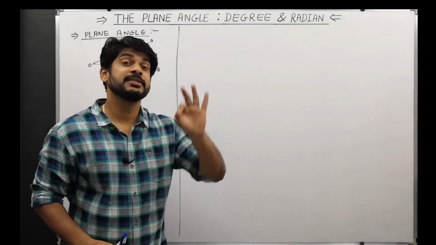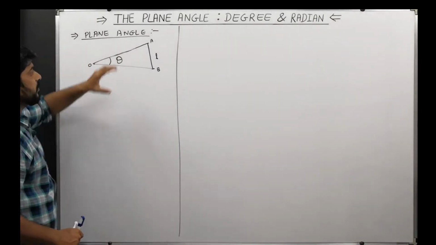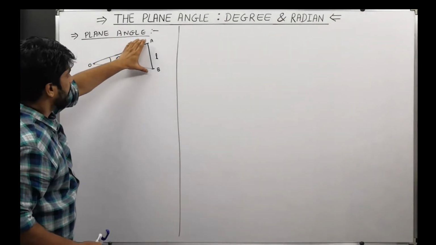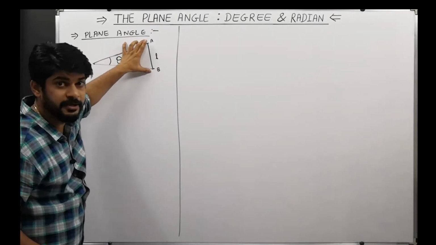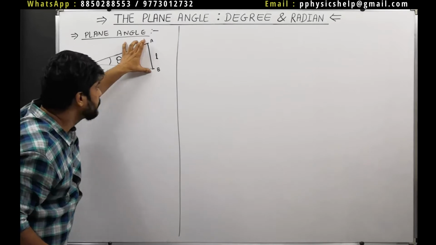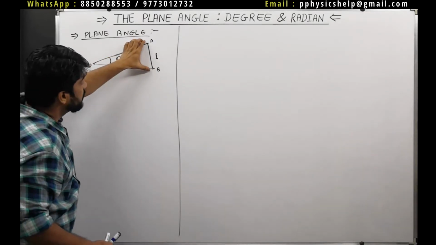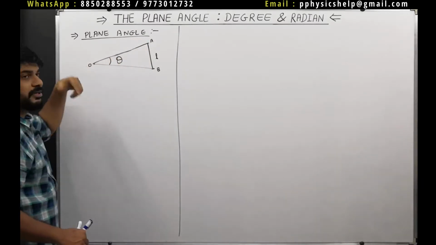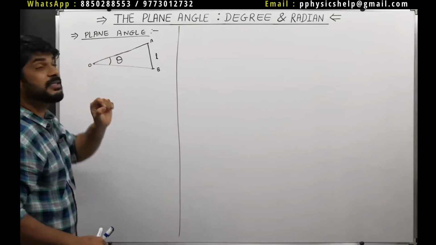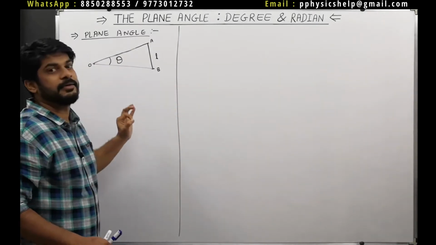How you can define it is very simple: the angle subtended by any line at a chosen point, at a given point, is called the plane angle.